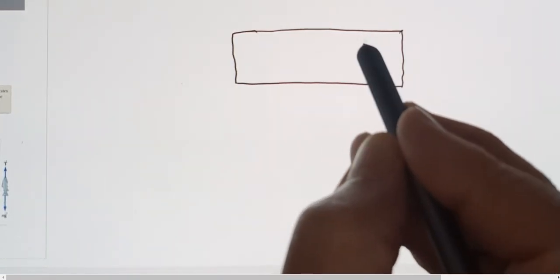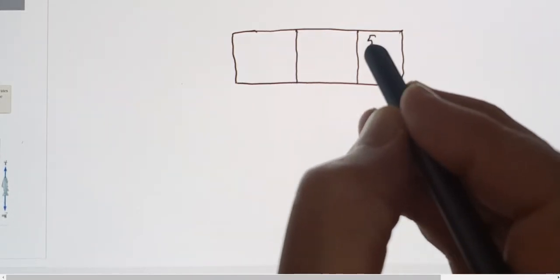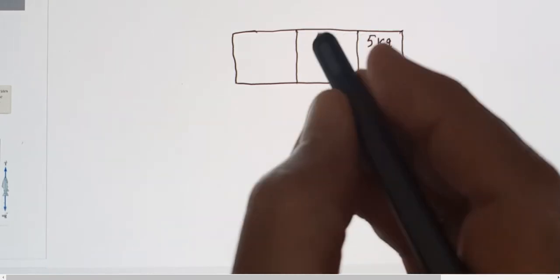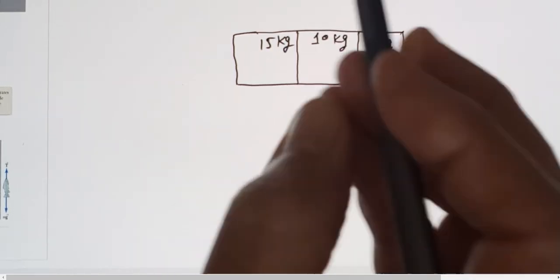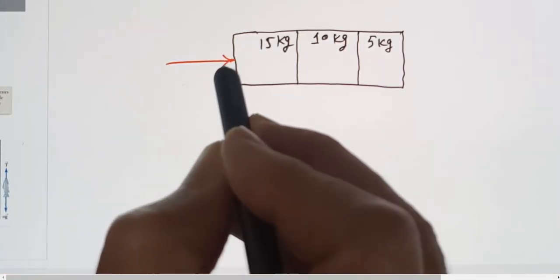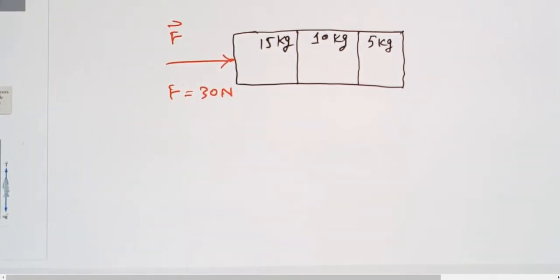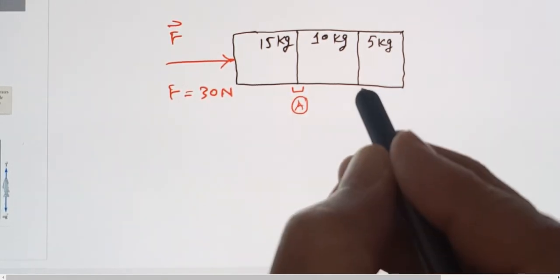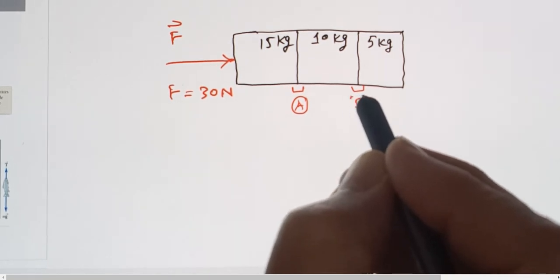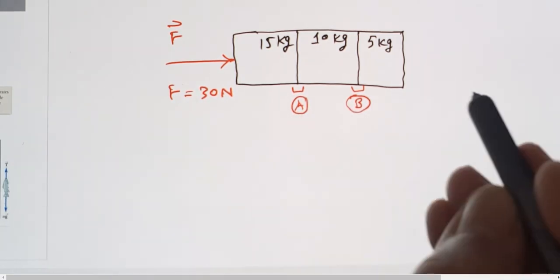So now I have 3 objects, 5 kilogram and 10 kilogram and 15 kilogram. And this is my force. Let's say F is equal 30 Newton. So we need to calculate the contact force at point A and the contact force at point B. So we find the acceleration for all the objects.